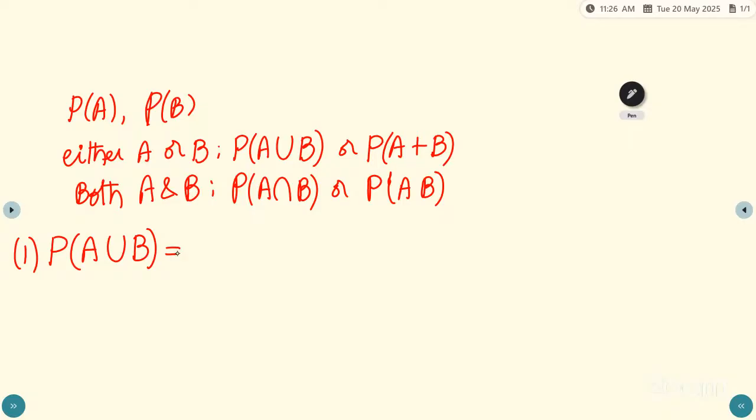Probability of happening either A or B. What is the case? Mutually exclusive. If A occurs, it prevents the happening of B. If a baby boy is going to be born, it prevents the happening of a baby girl, not in the case of twins, only a single child.